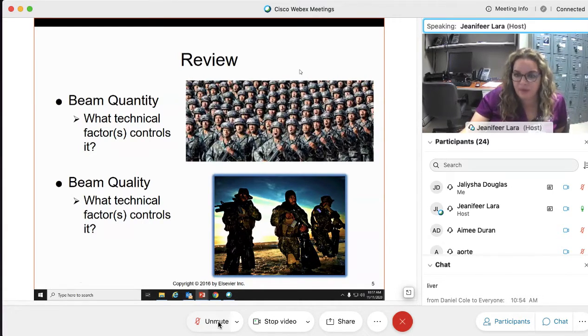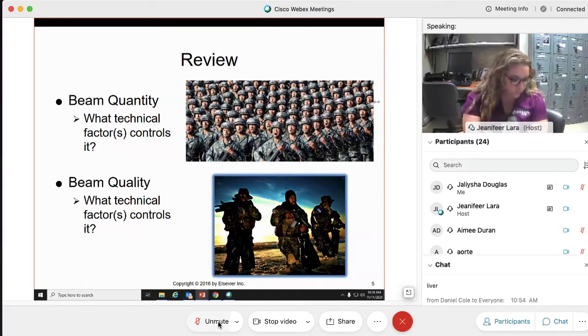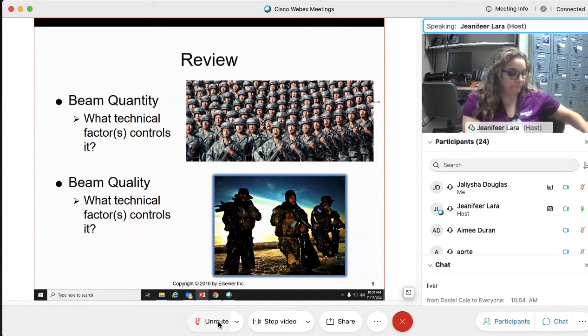So I'm going to stop there, and I want to get questions. I want to make sure at this point we understand what is beam quantity versus beam quality, because we are going to start adding to those. No questions?